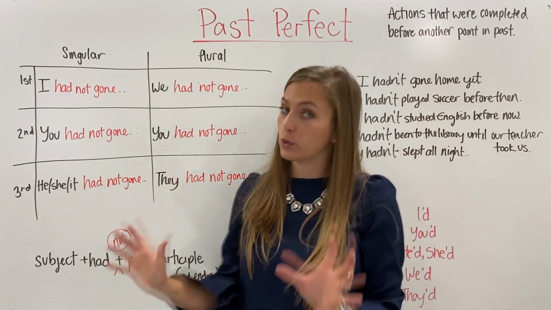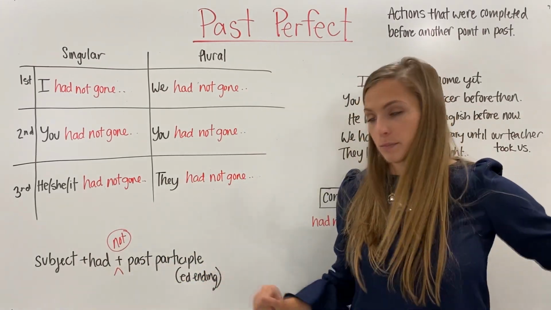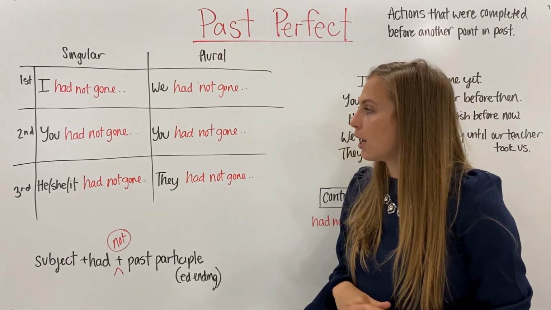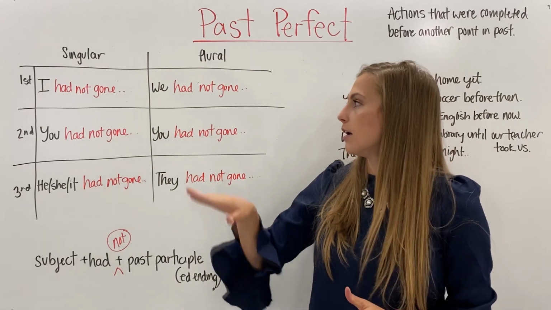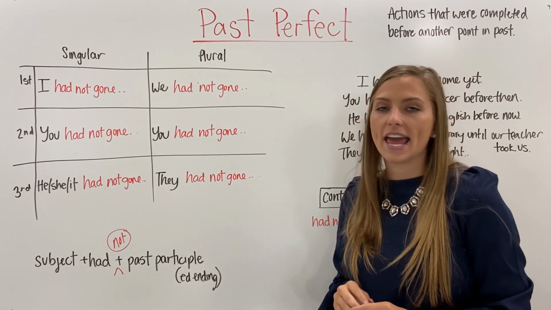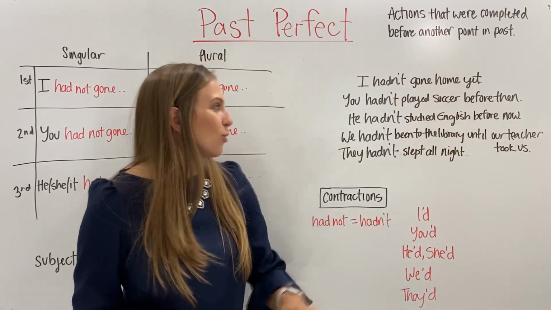It has to be in between. It cannot be before had, and it cannot be after the past participle. So let's look here. I had not gone. You had not gone. He, she, it had not gone. We had not gone. You had not gone. They had not gone.